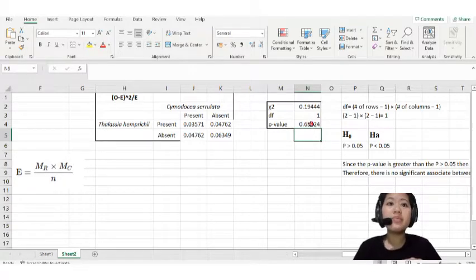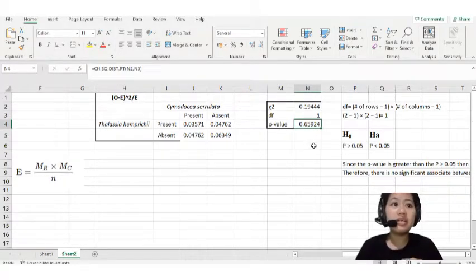So we have 0.65 here. We have a p-value of 0.65.